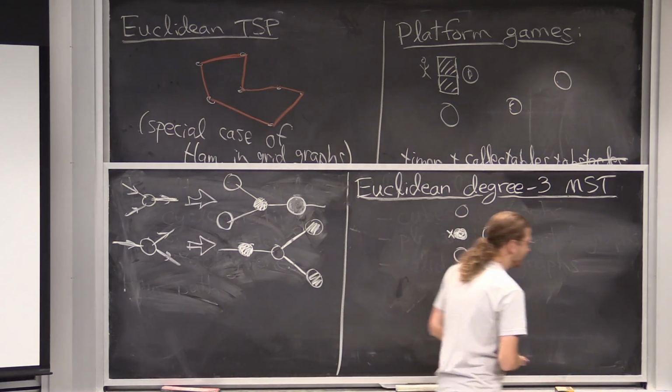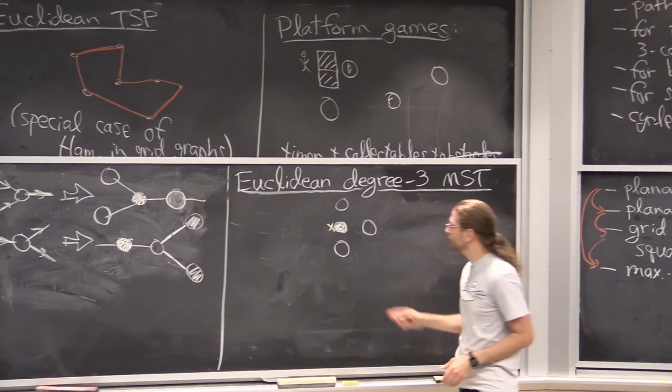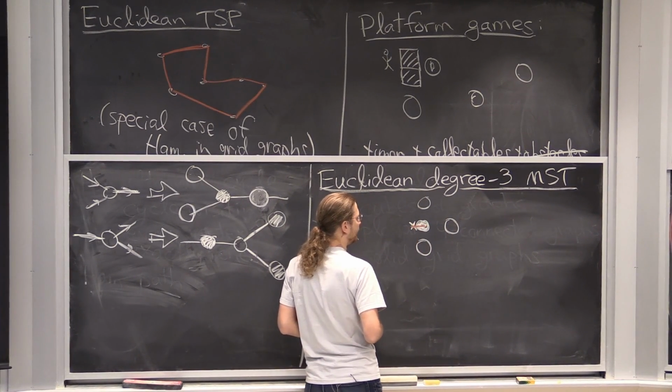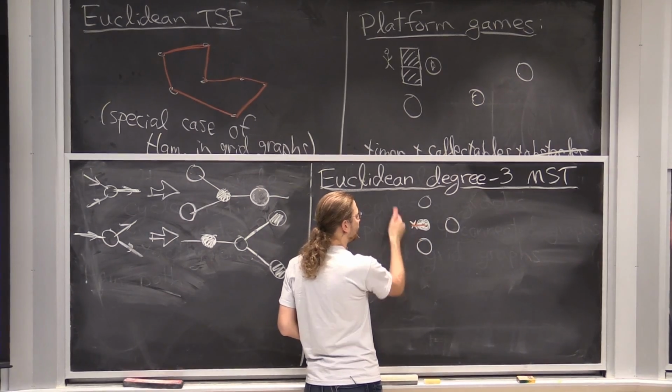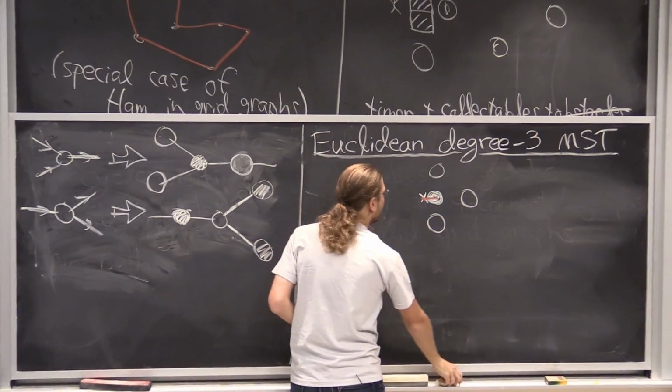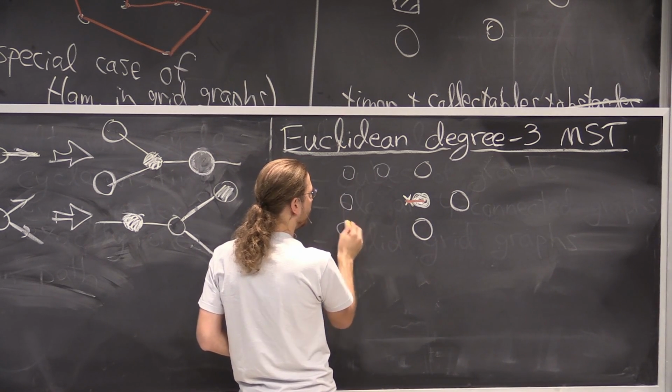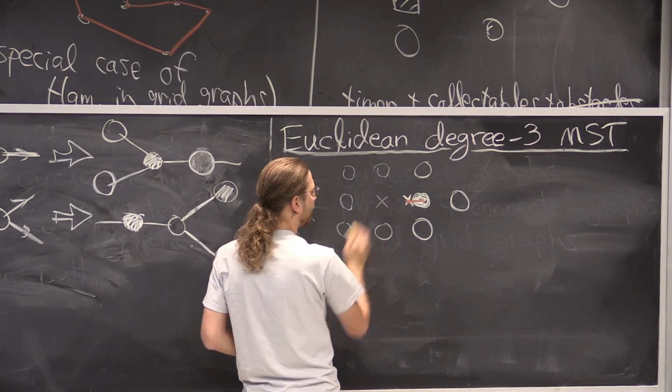And now you can show in any minimum spanning tree, these guys must be connected. And this one basically has to be a leaf because everything else is quite far away. I mean, at most you have these guys occupied. You know that this is completely absent.